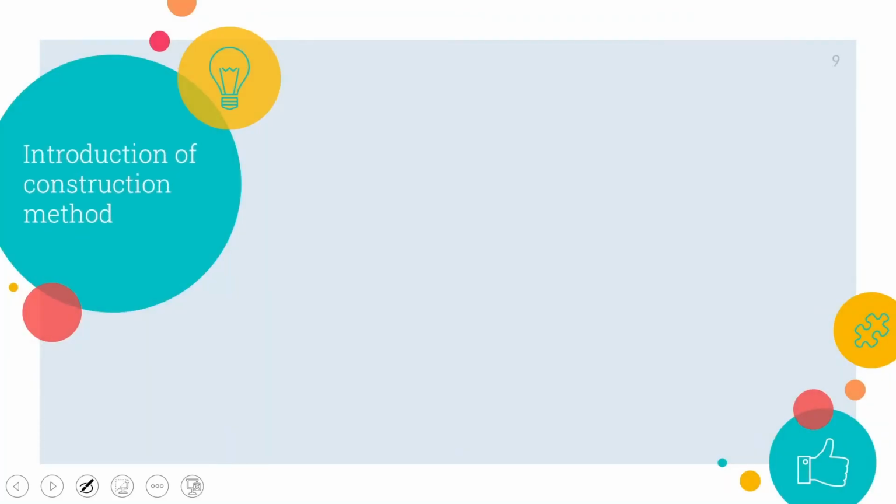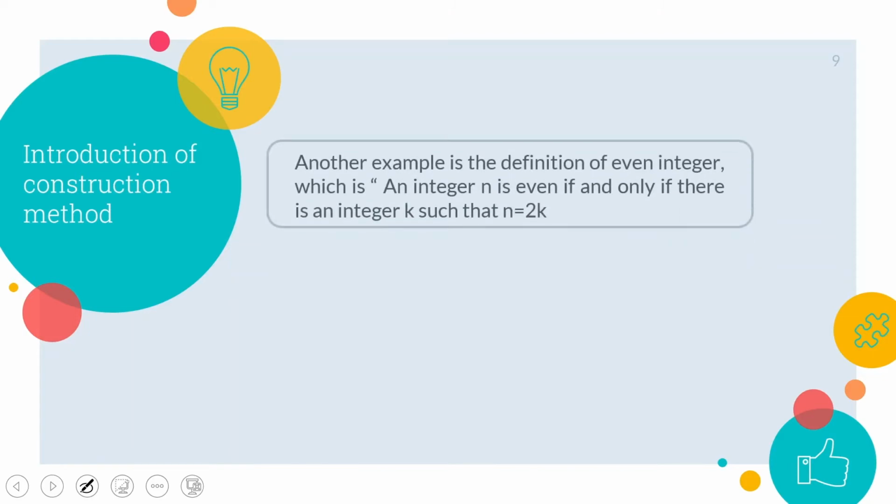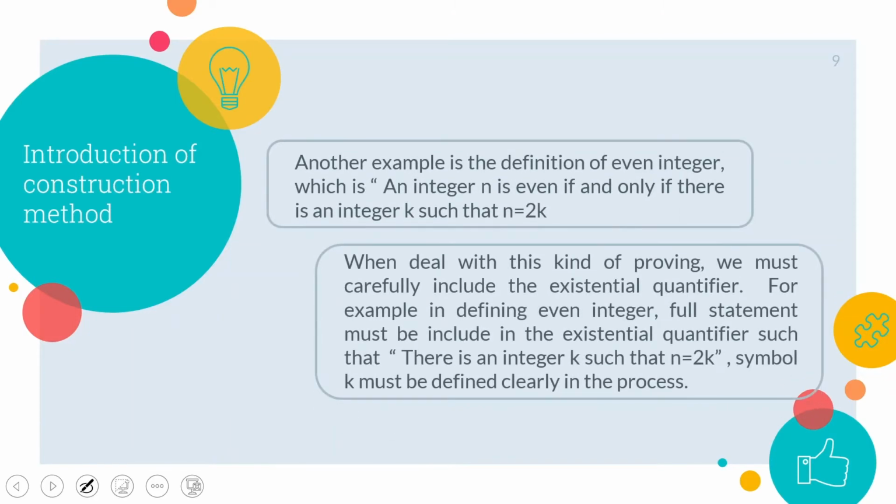Another example is the definition of even integer, which is: an integer n is even if and only if there is, the existential quantifier, an integer k such that n equals 2k. When dealing with this kind of proving, we must carefully include the existential quantifier.